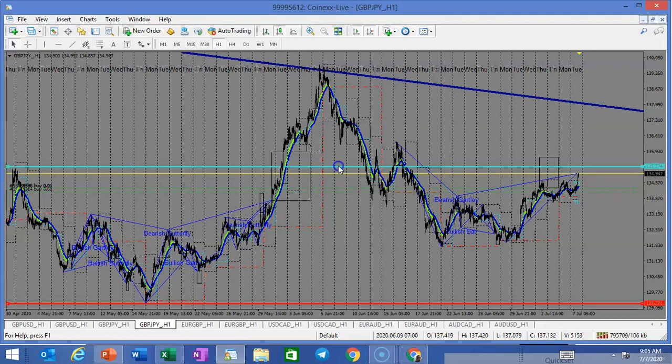I'm going to move this down just a little bit, because I see this one over here, and it's resting on top of this price action right here. Okay, so that's 135.142.